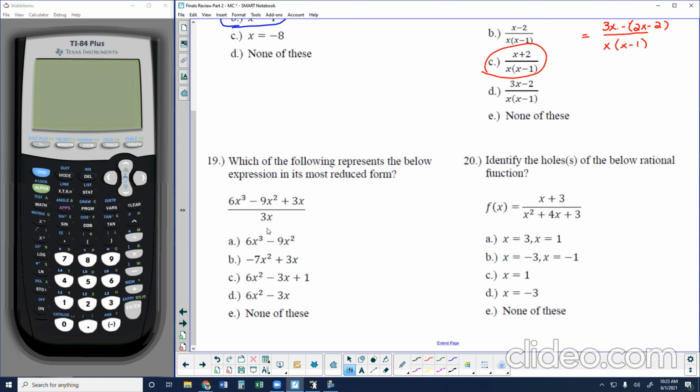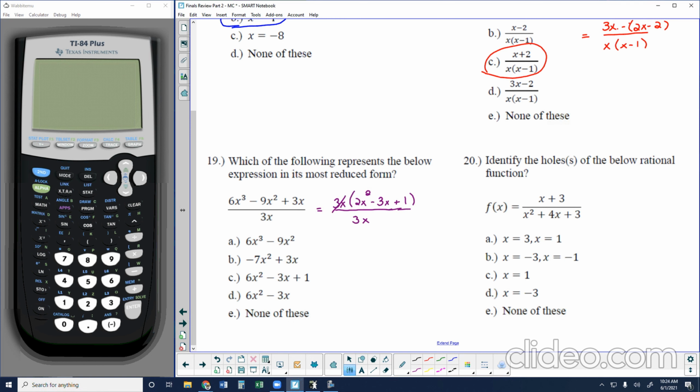Another rational expression, in 19, says, which of the following represents the below expression in its most reduced form? Remember, I can eliminate factors of fractions. If a factor matches in the numerator and the denominator, the fraction can be reduced. If I look at the numerator, I may notice that there's a GCF of 3x. If I factor out a 3x from each of the terms in the numerator, I would have 2x squared minus 3x plus 1.